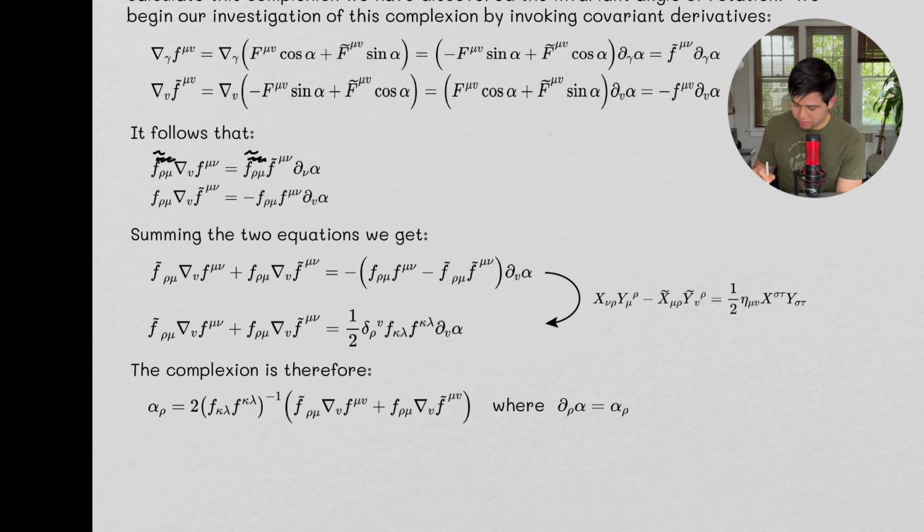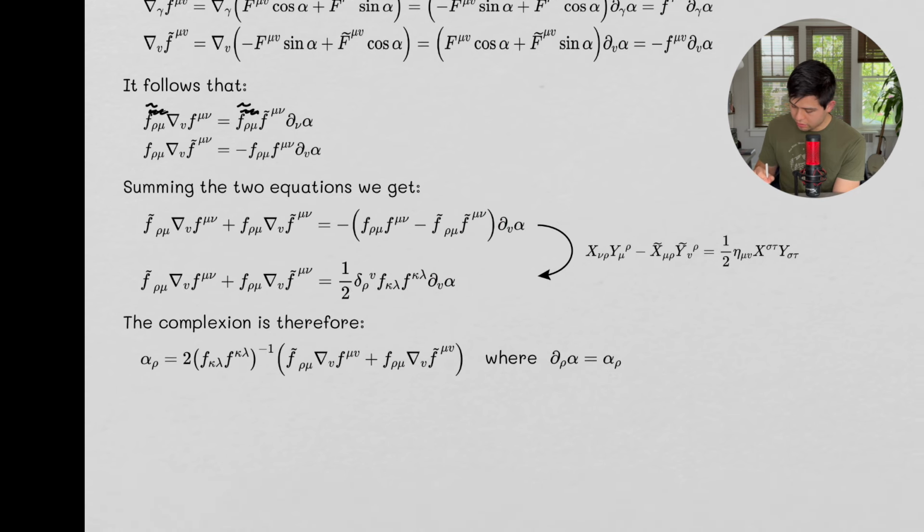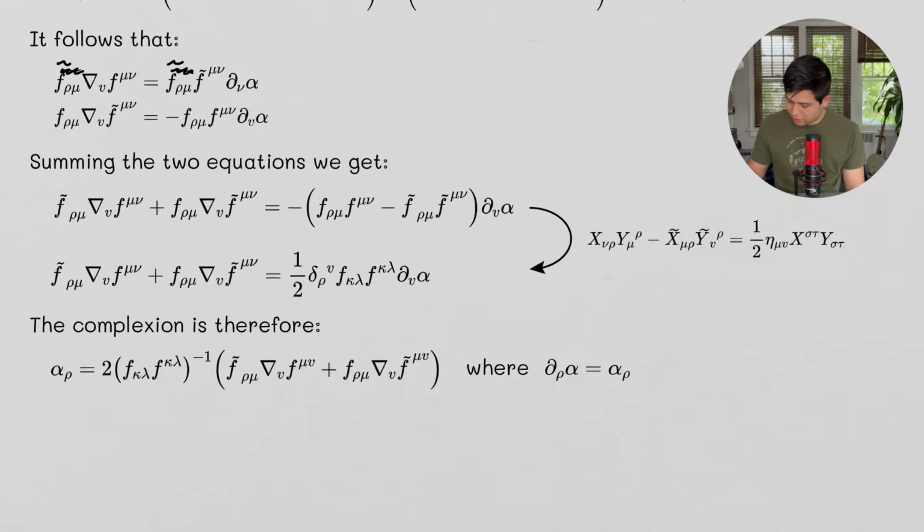Summing these two guys, we get this, and so we sum these two guys to get this, and then from here we get this, okay? And this was a relationship that we've established before also, and we can see this, right?